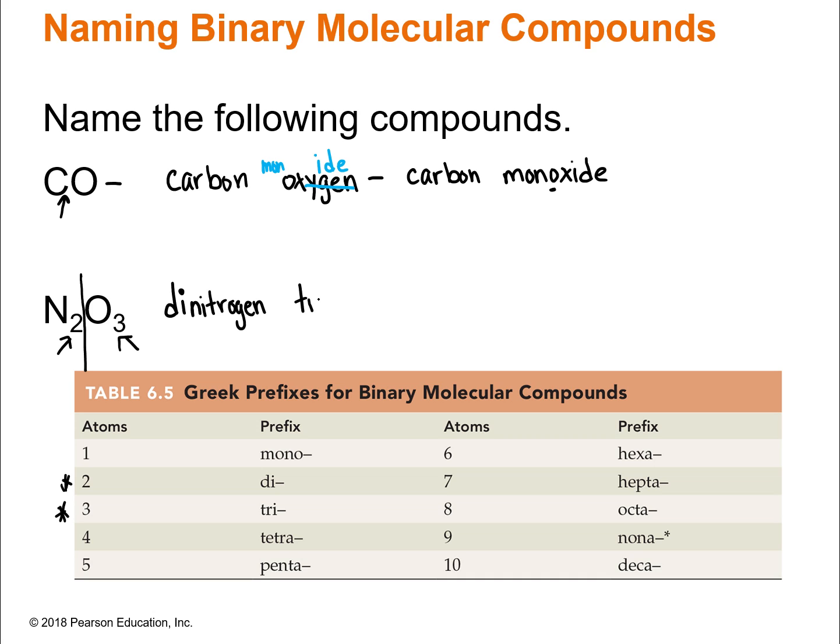Tri is the prefix for 3. We take the first syllable of oxygen and add IDE, dinitrogen trioxide. How does that feel? And you'll have the opportunity to name some for yourself. I just want to make sure that if you need me to go through these examples again, I can.